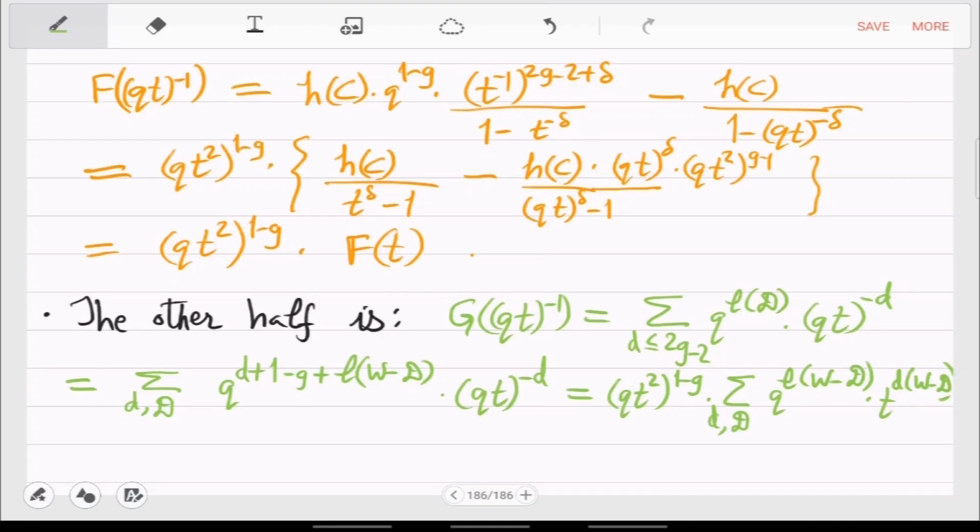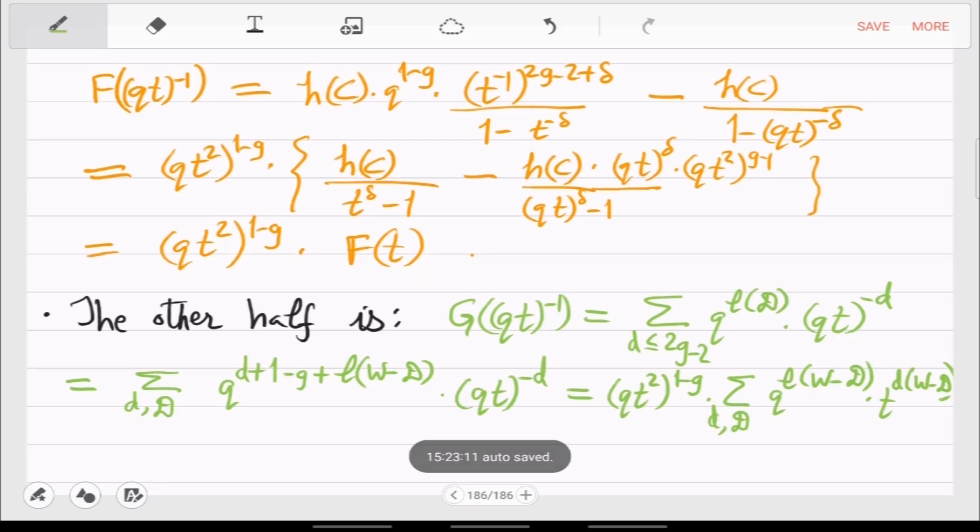Okay, so let's check Qt squared raised to 1 minus g. Are you convinced with this? So you have to use the formula that degree of W is 2g minus 2. So what we have there is t raised to 2g minus 2 minus d.